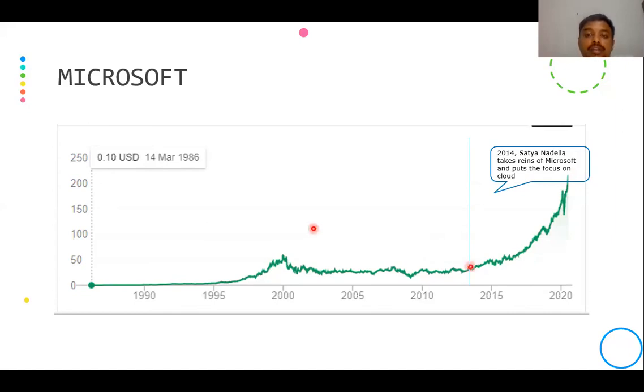So this is again a very good indicator of how cloud has had an impact on the business. We've already seen Netflix over the last 20 years building a $100 billion business by making the right technology choices. Now Microsoft, one of the key providers of cloud, you can see the impact of their investments in cloud on the numbers that they're earning, right?